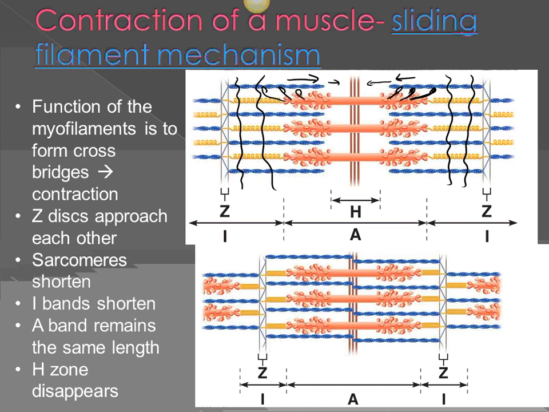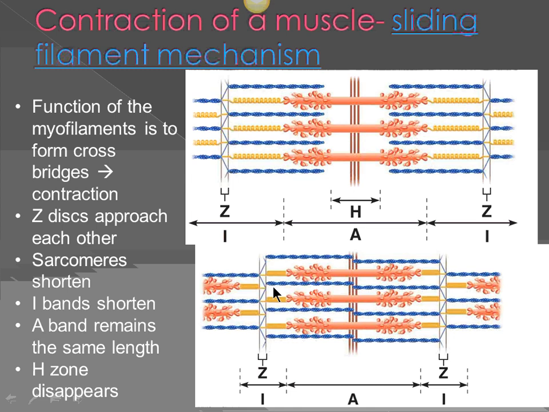As they keep coming closer and closer, finally you can see here at the end, when they have come as close as they can come, the actin at this point was overlapping the myosin only to a certain extent. In this picture, can you see the actin is overlapping the myosin totally, and they actually even overlap each other to a slight extent, right?